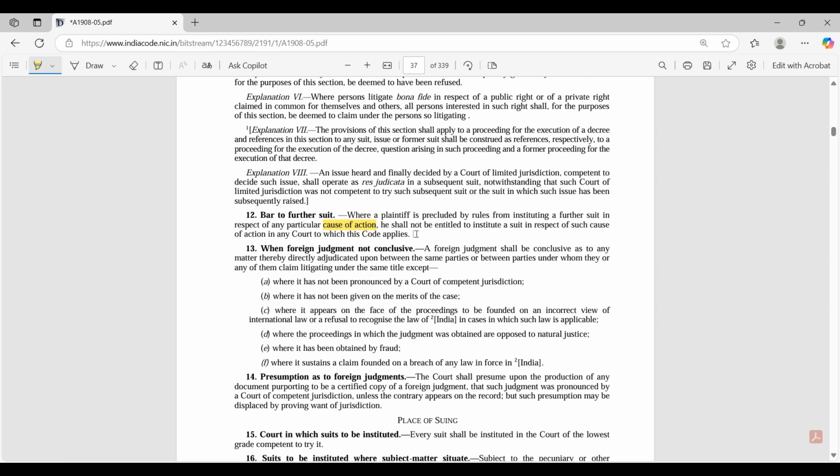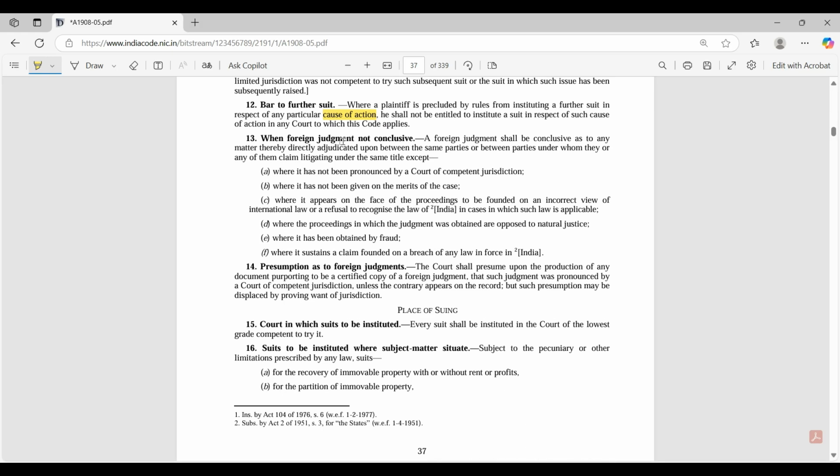Again, I would say that the reason sections 10, 11, 12 are necessary is that courts don't have time to entertain the same suit again and again, right? Once they dismiss your suit, it becomes your obligation to go and appeal in a higher court. For the same reason, they have mentioned all these sections.